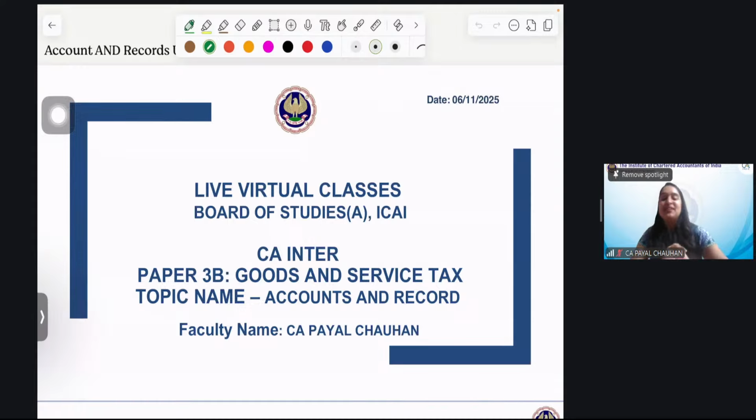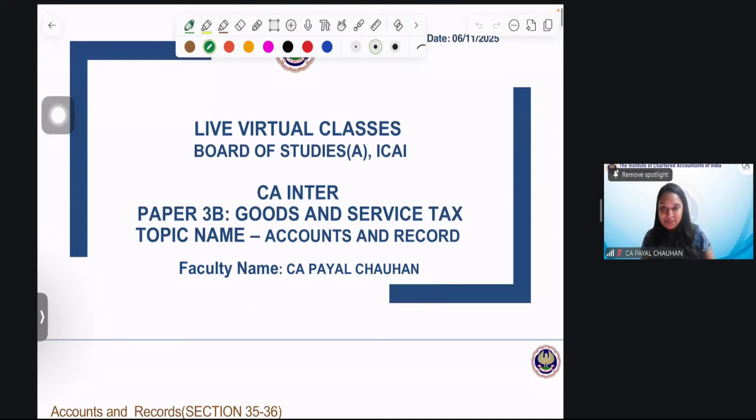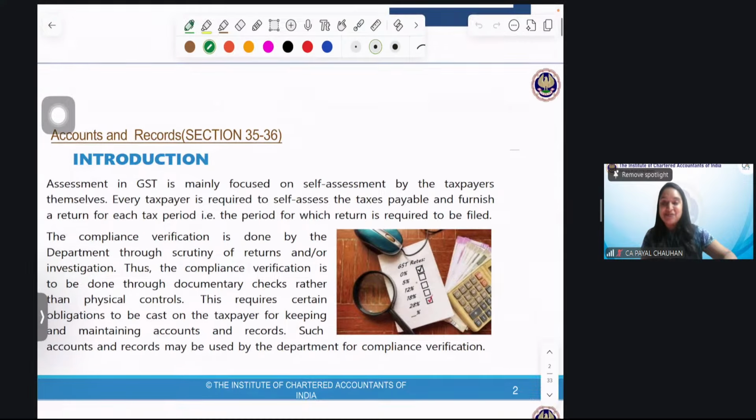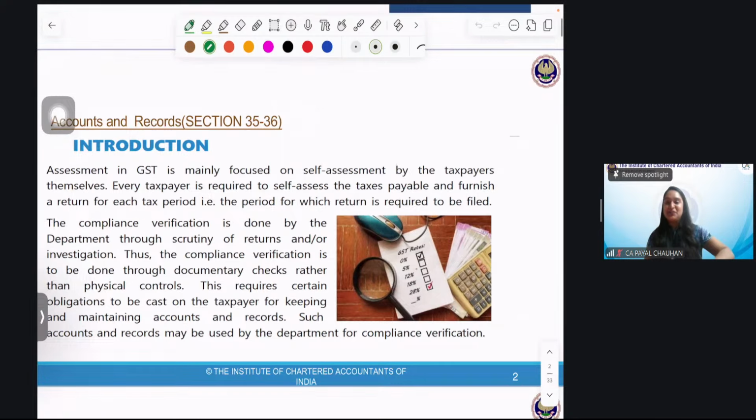Perfect. So now we have our next chapter, which is section 35 and 36. We are having a continuous series of sections. So our chapter today is accounts and records. So everyone ready? Shall we proceed? Perfect. Accounts and records.